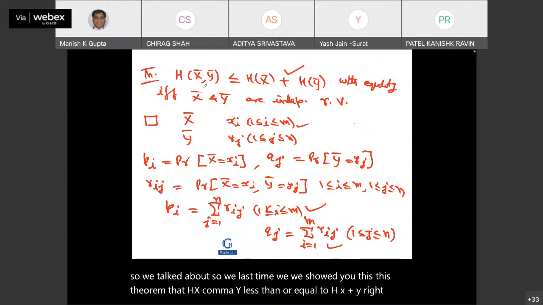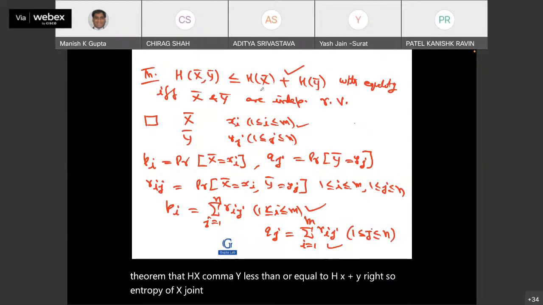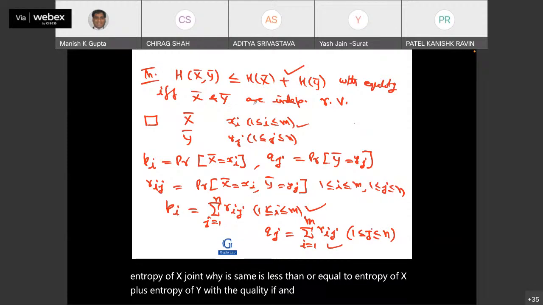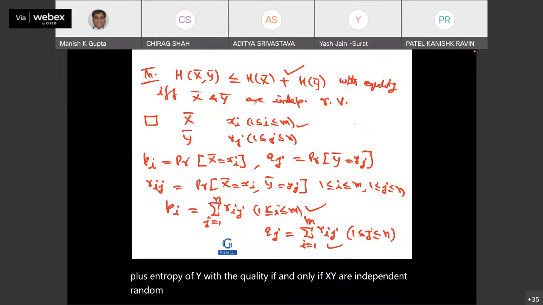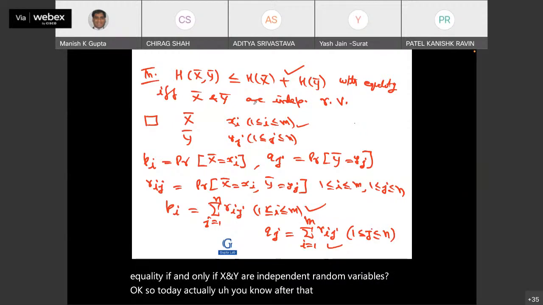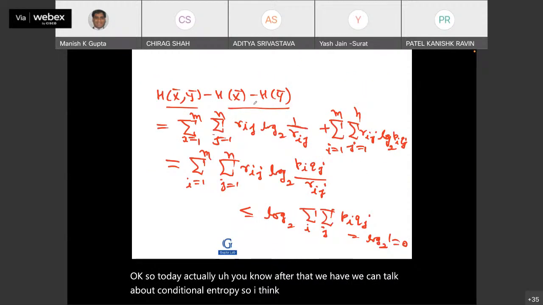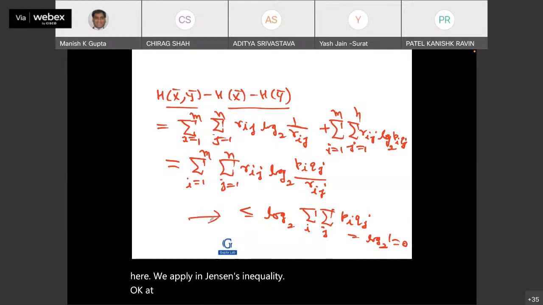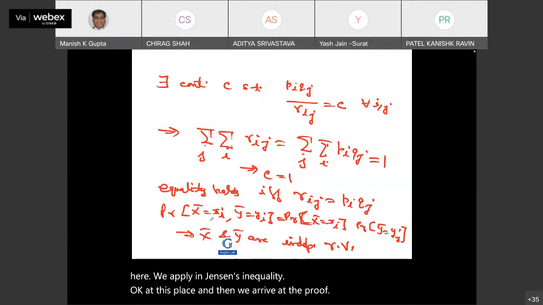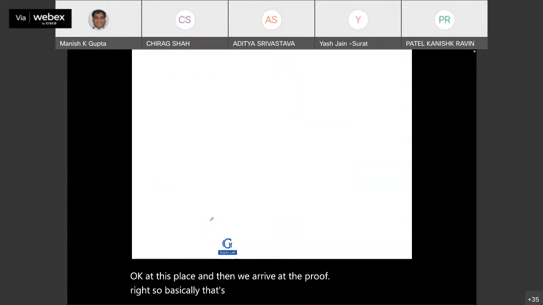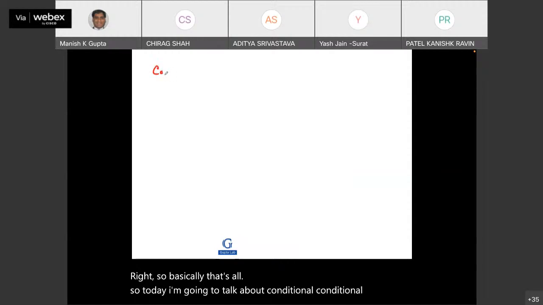So the entropy of X joint Y is less than or equal to the entropy of X plus the entropy of Y, with equality if and only if X and Y are independent random variables. I think you remember the proof. It's not very difficult. Here we applied Jensen's inequality at this place, and then we arrived at the proof, right? So today I am going to talk about conditional entropy.